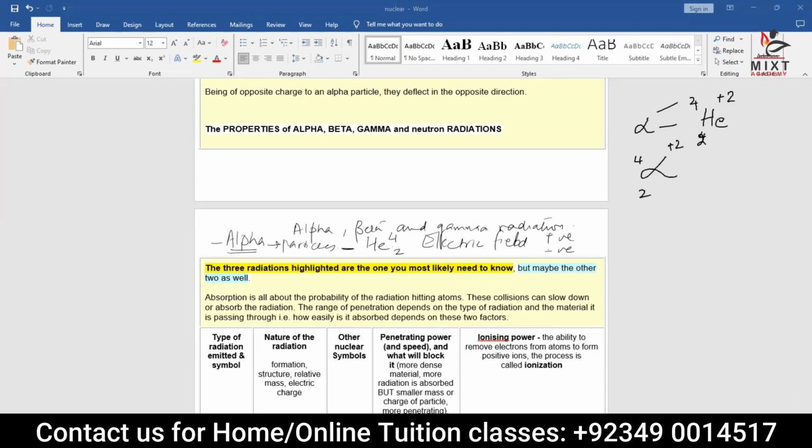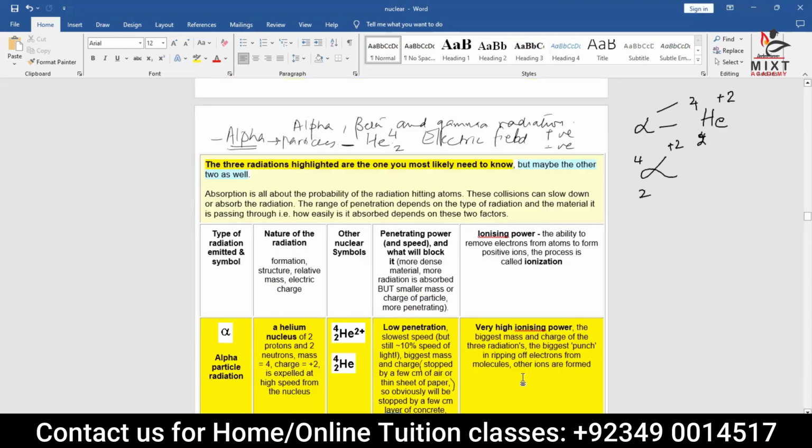So the first point is: alpha particles are the helium nucleus of 2 protons and 2 neutrons, where the proton number is equal to 2 and the nucleon number is equal to 4.